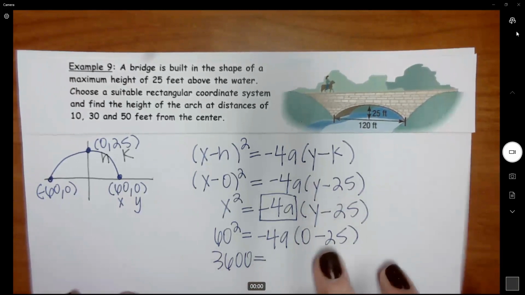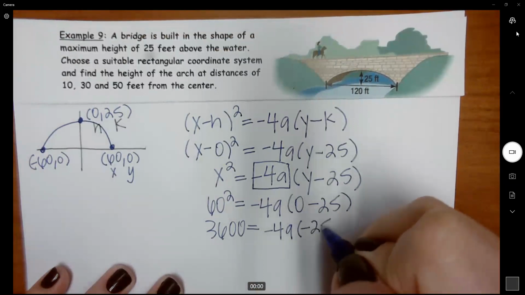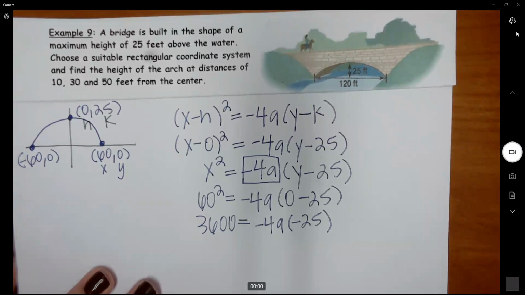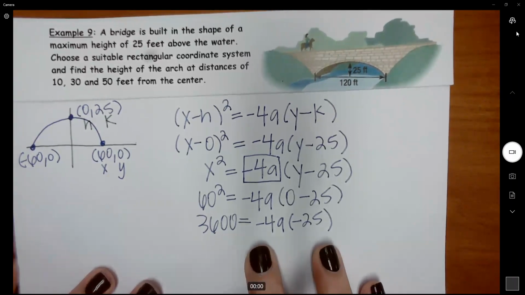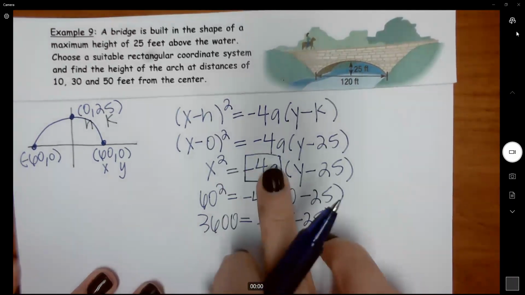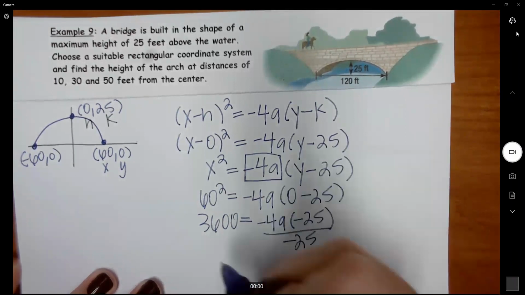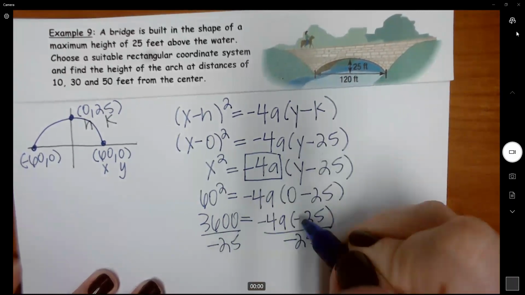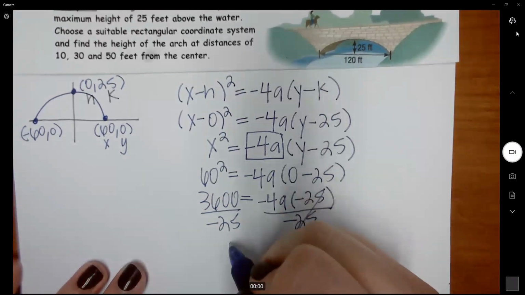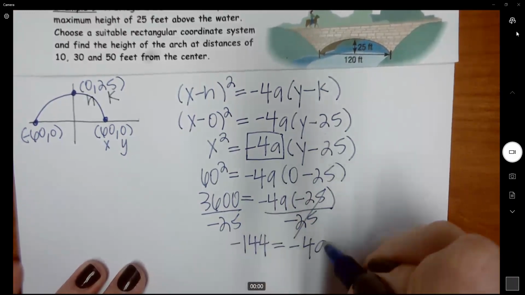I am just going to simplify this right here. So this is negative 4a times a negative 25. I can multiply these together, but I just really want to solve again for this negative 4a portion. So if this is all being multiplied, this means I can divide over my negative 25. And so I get negative 144 equals my negative 4a.